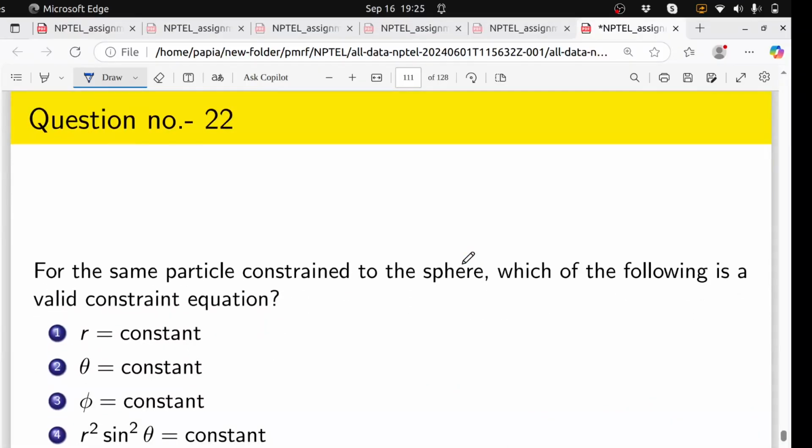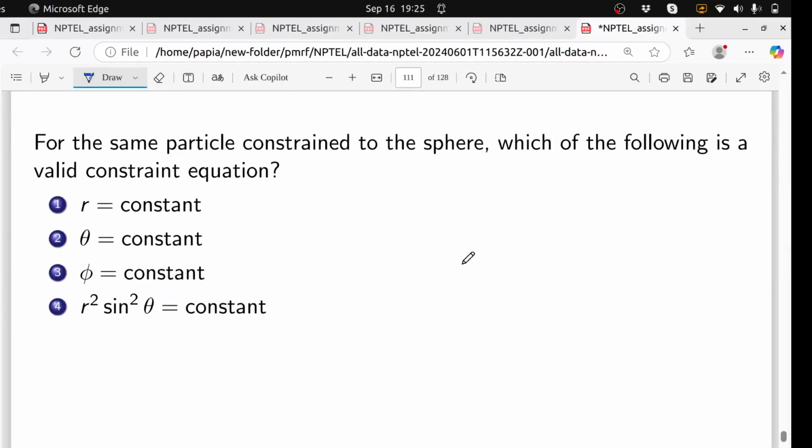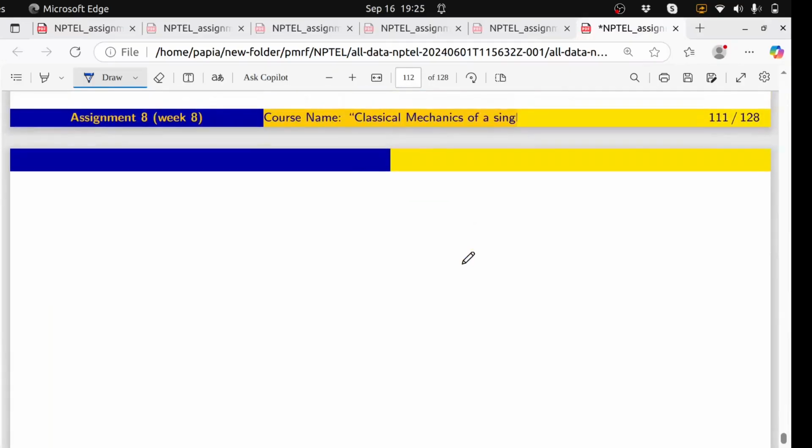Now coming to the question number 22. For the same particle constrained to the sphere, which of the following is a valid constraint equation? So constraint equation means like the same particle constraint, at the very previous question what we were discussing.